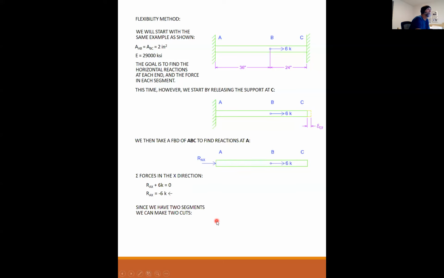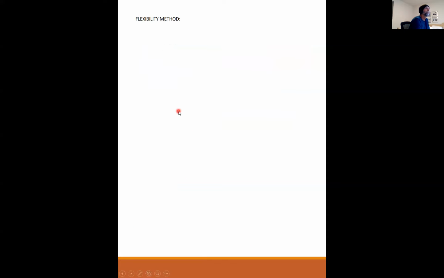Now, since we have 2 segments, again, we're going to make 2 cuts, one between A and B, one between B and C. So if I look at the first segment from A to cut 1, I have my 6 kip reaction on here that I solved for. And then I have an internal force FAB that I have not solved for yet. It's unknown. Sum the forces in the x direction, and I get FAB minus 6 kips equals 0, FAB positive 6 kips.